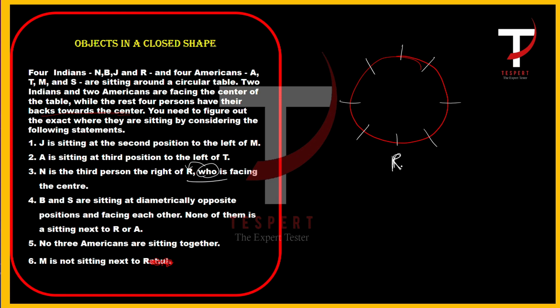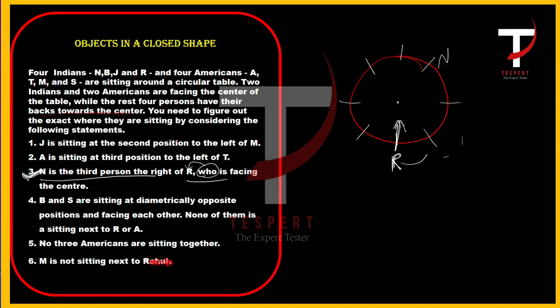If we place R here, this is the center, right? He is facing the center. So if R is here, N is the third person: first, second, and third. So N must be here. Okay. So the third statement is ruled out completely.